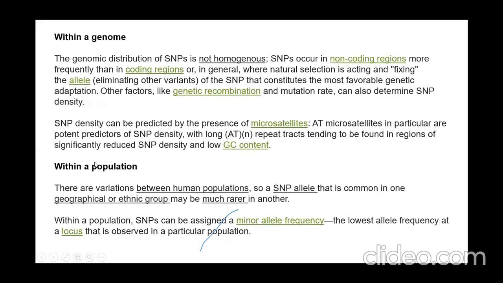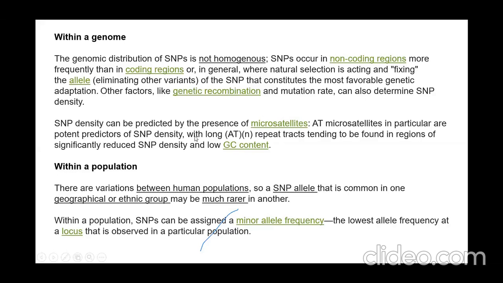So given a genome and a population, how do SNPs vary? The genomic distribution of SNPs is not homogeneous. For example, it may not be the same for me and for you. They may occur in non-coding and coding regions. Genetic recombination and mutation rate for a given population define the SNP density. More importantly, specific locations of the genome called microsatellites also affect SNP density.